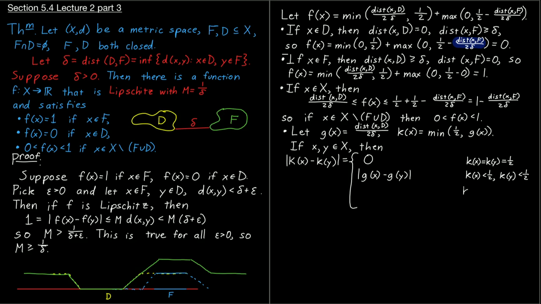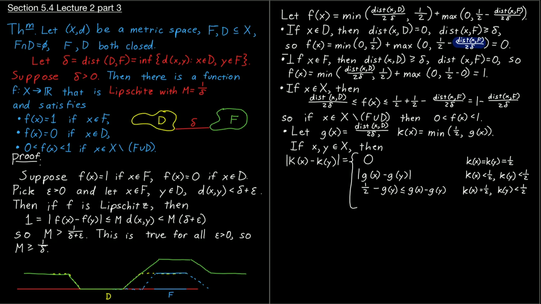Third option is that k of x is 1/2 and k of y is less than 1/2. So then we're left with 1/2 minus g of y, and we know that k of y is less than 1/2, so this is less than or equal to g of x minus g of y.